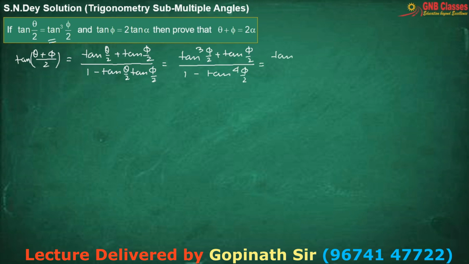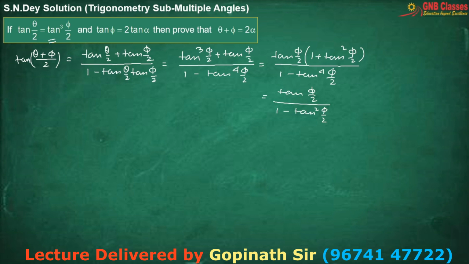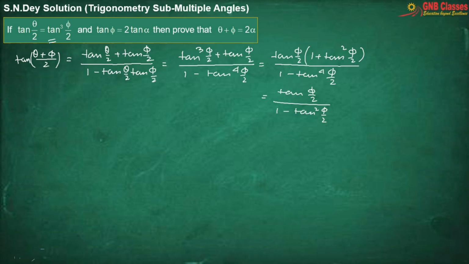Is it clear? In the denominator, it is 1 minus tan to the power 4 phi by 2. So I am expanding it with the help of the formula a square minus b square we get. Because 1 plus tan square phi by 2 will get cancelled from numerator and denominator.